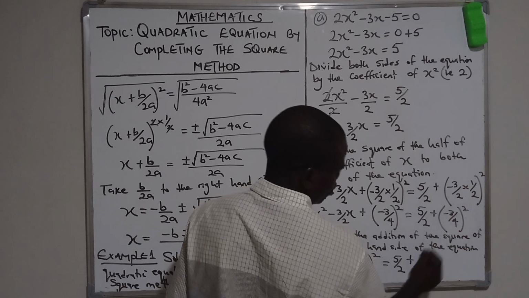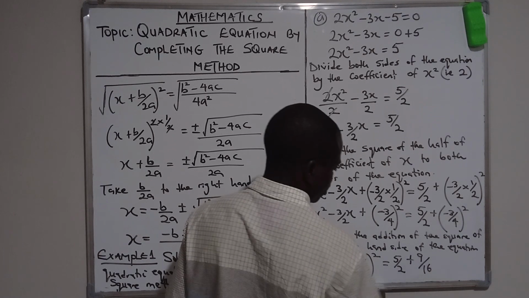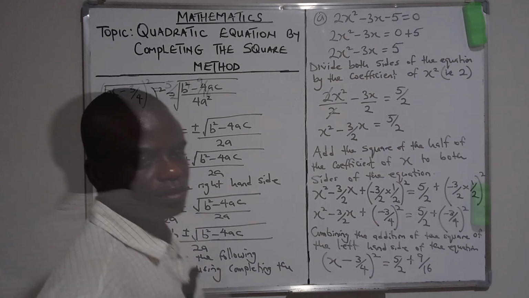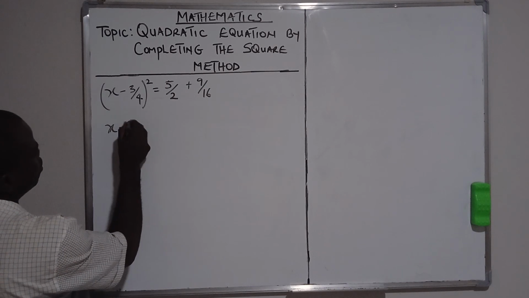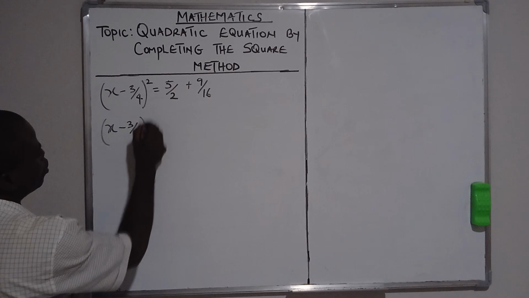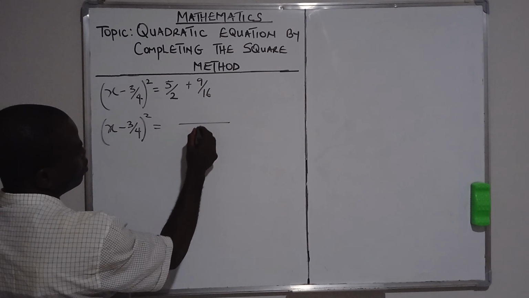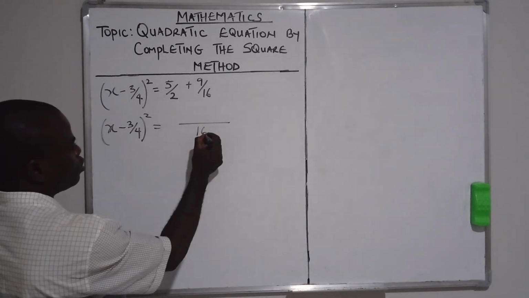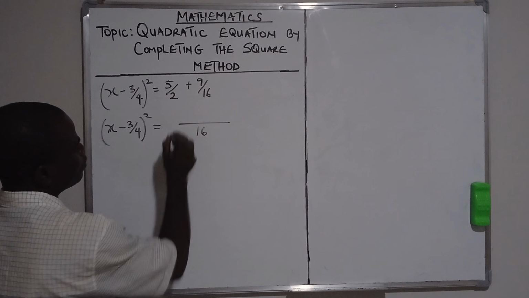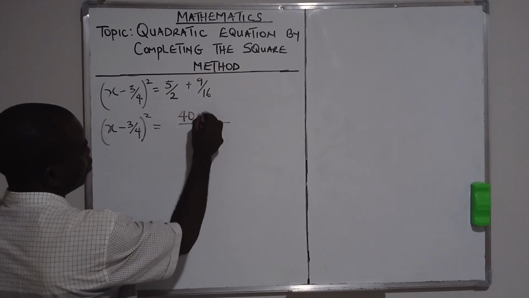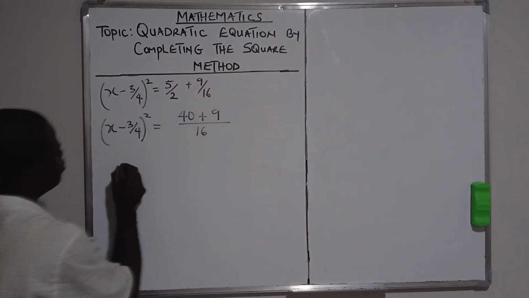plus minus 3 squared, which gives you 9 over 4 squared, that's 16. Now from here you find the LCM. x minus 3 over 4 squared equals, the LCM is 16. 2 goes in 16, that's 8. 8 times 5, 40, plus 16 goes in 16, that's 1. 1 times 9, that's 9.